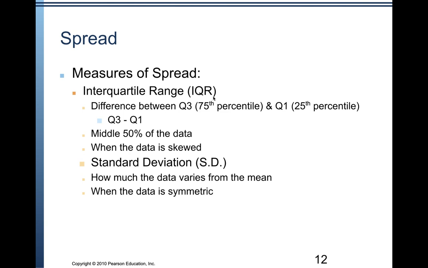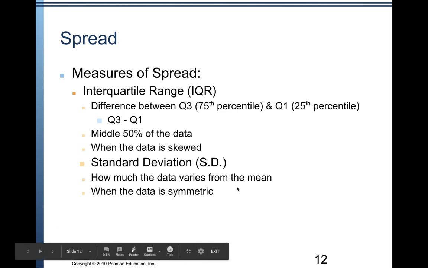The interquartile range, whatever that value is, is the most accurate representation of how spread out the data is only when the data is skewed. When the data is symmetric, the measurement we use for how spread out the data is is called the standard deviation.